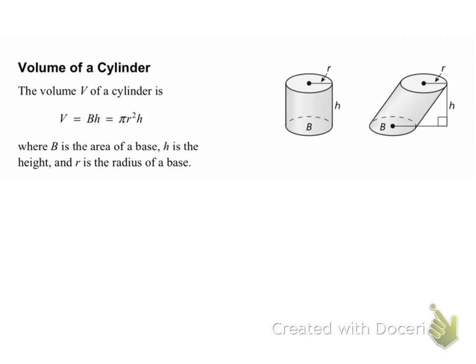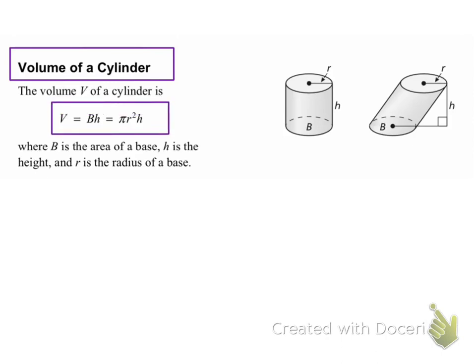If we have to find the volume of a cylinder, again keep in mind, as I told you, the formula is the same. Volume is actually base area times height, the same way it was in prisms. The only difference is that here the base is circular, so your area of the base is going to be the area of a circle.